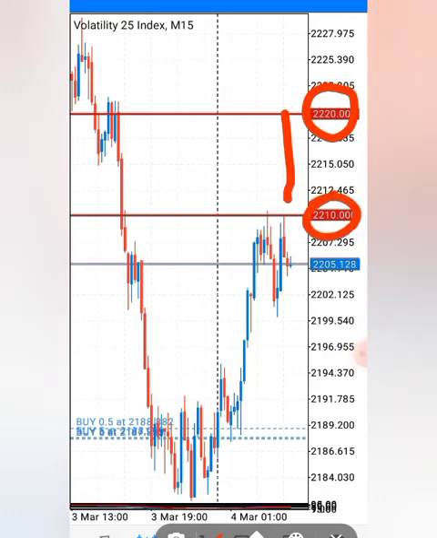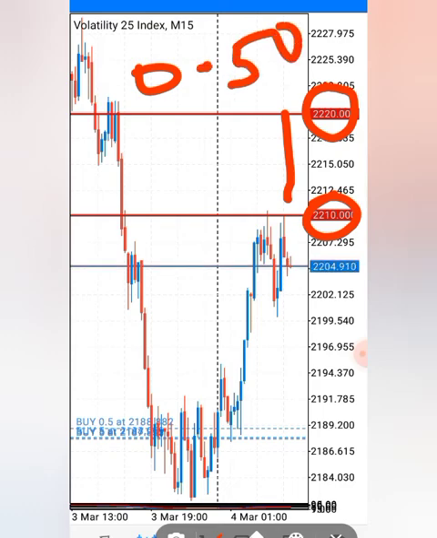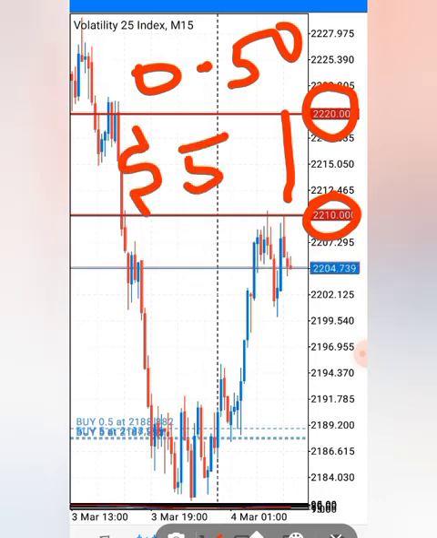If you're entering with a minimum loss size of 0.50, the dollar amount corresponding to the price of this pair is $5. What do I mean by this?